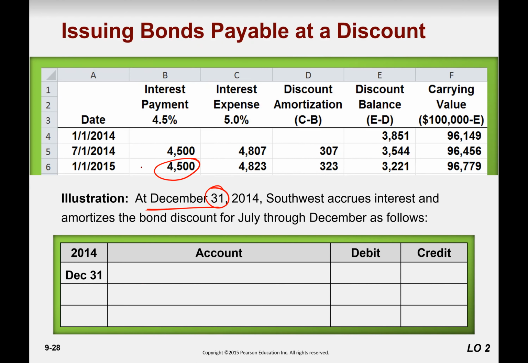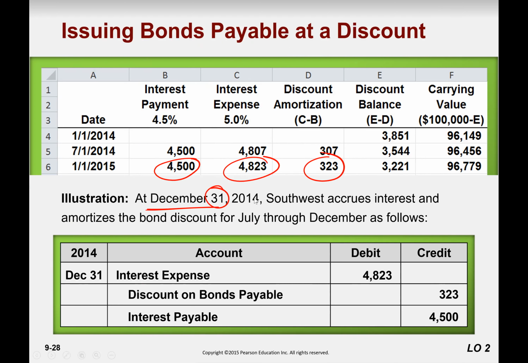So this entry would be interest expense 4,823 to decrease in discount 323 and interest payable. The only thing is that there is no cash here, only interest payable. Why? Because payment is on 1st of January, not 31st of December, but we are closing our books on 31st of December, right?